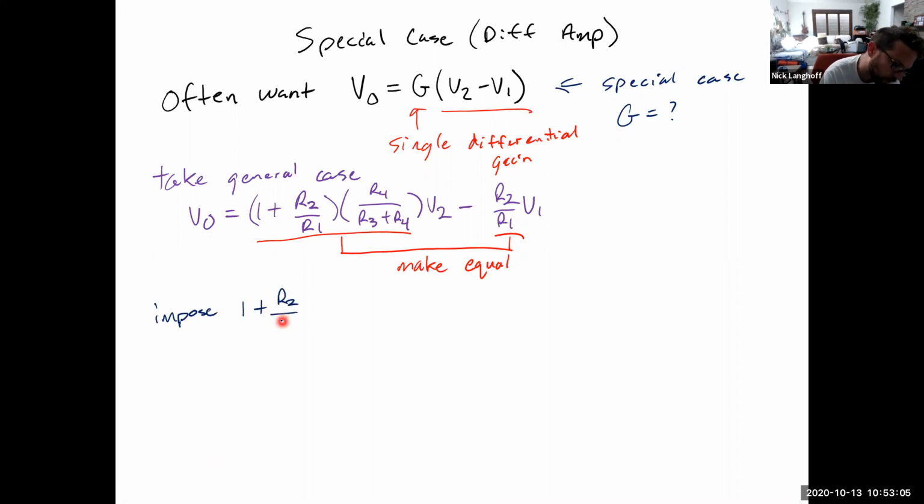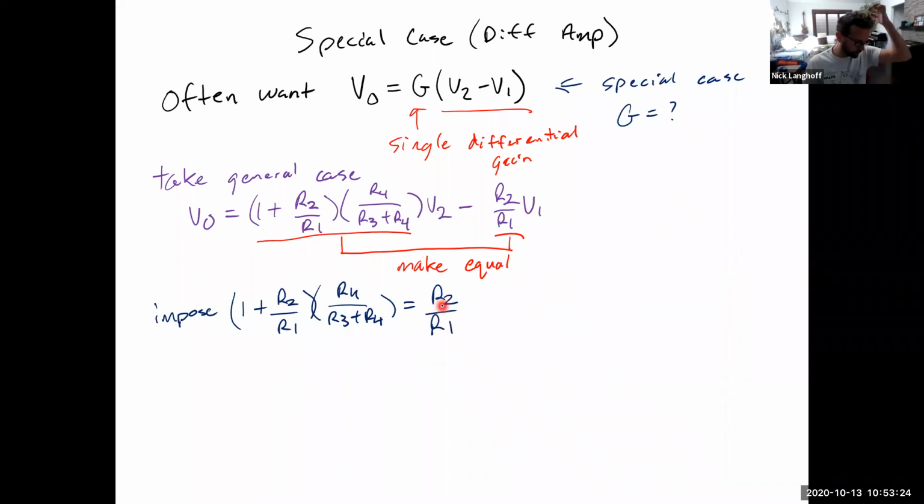So 1 plus R2 over R1 times R4 over R3 plus R4 is identical to R2 over R1, the magnitude of that second term.